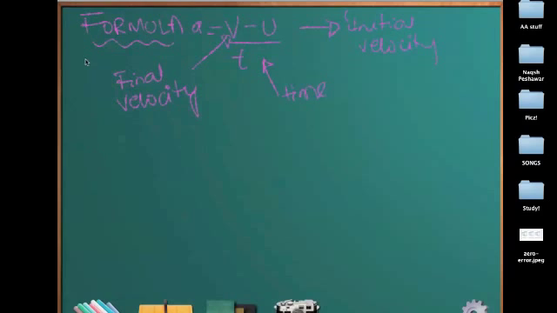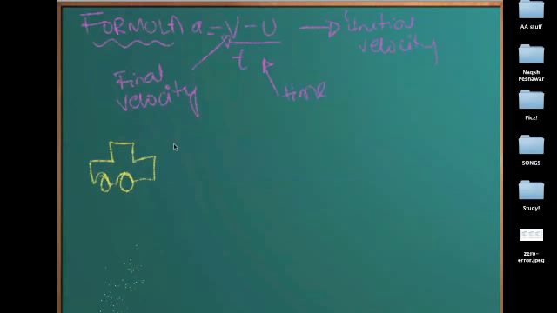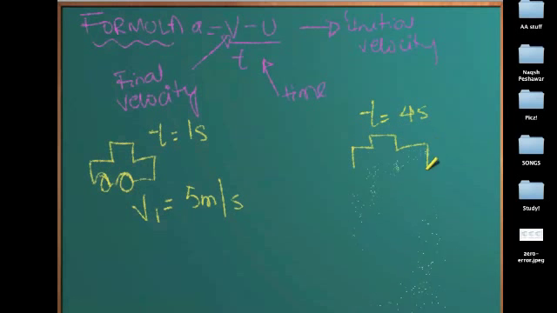For example, this is a car moving here. Again, there are so many cars moving. So at time t is equals to 1 second, for example, the velocity 1 is 5 meters per second. At time t is equals to 4 seconds, the velocity is 10 meters per second. Now the formula says if you want to find out the acceleration, we know it's accelerating since the velocity has increased.